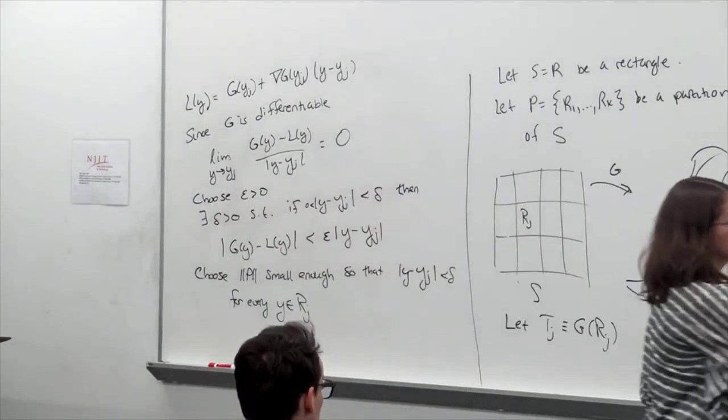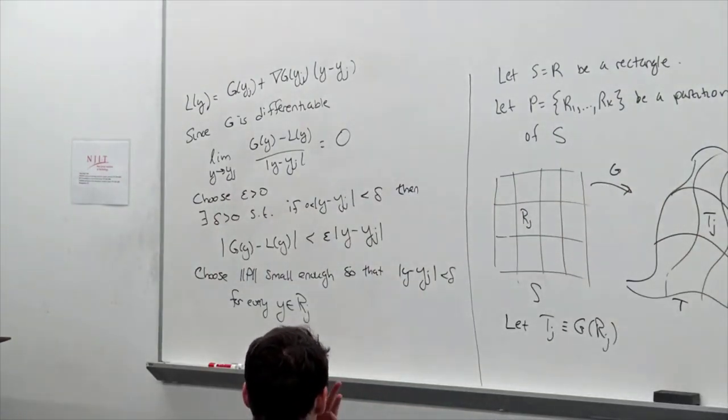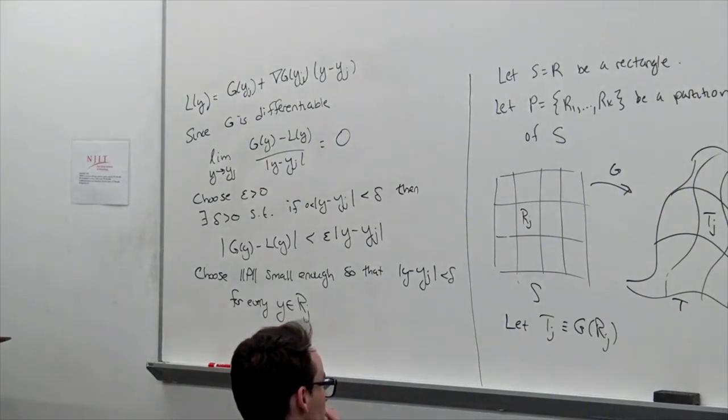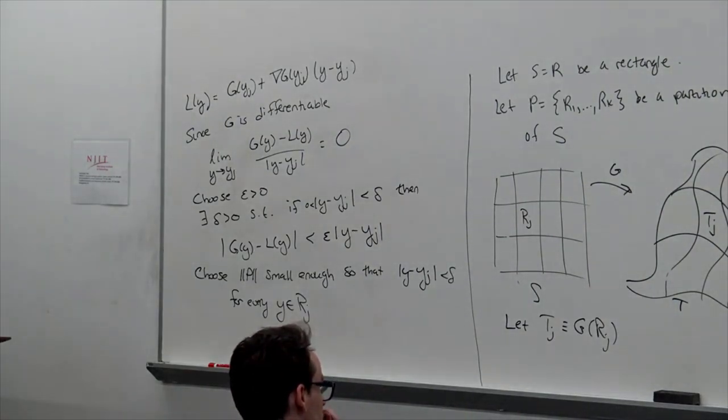Okay, so instead of using this g here, I'm going to use this L, and L is going to take a rectangle and make it into either a rectangle or a parallelogram or something, right? We worked out all the possibilities, basically. It's going to do something simple, and it's going to give me some little blob here.